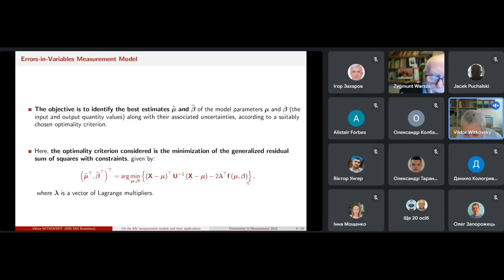Those restrictions are expressed here. The lambda represents the Lagrangian, and this is the generalized sum of squares, where U represents the general uncertainty matrix. So those direct measurements could be interrelated by some variances, covariances, uncertainties, and so on. So this is the problem which is considered to be solved.